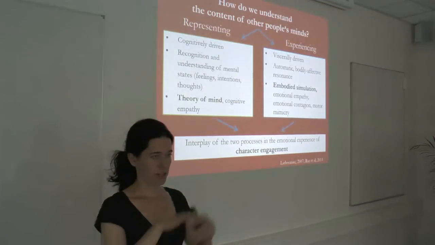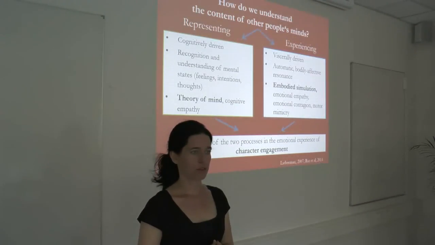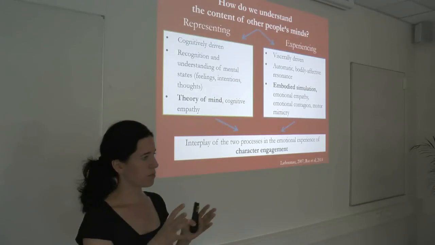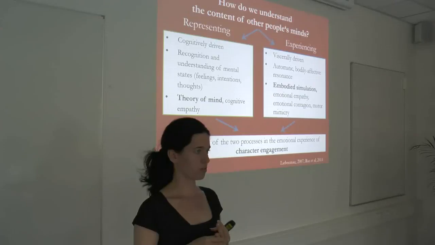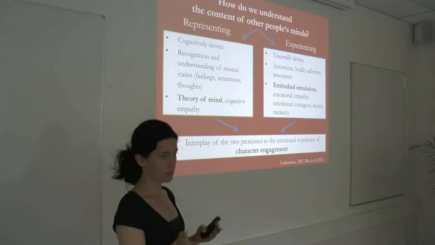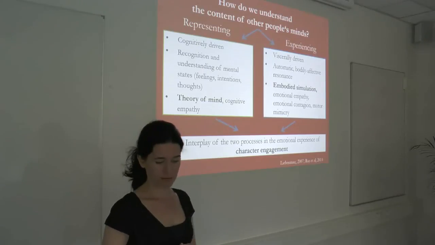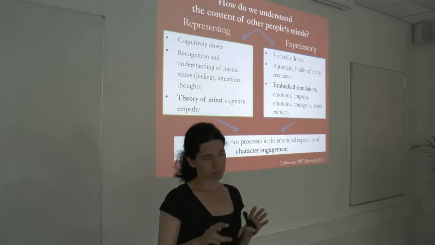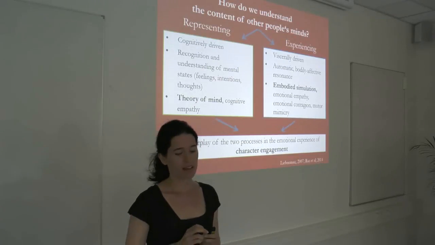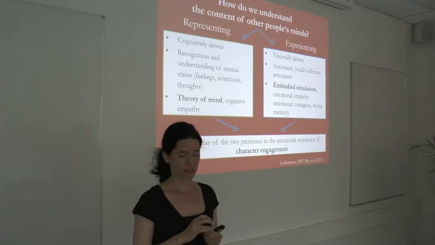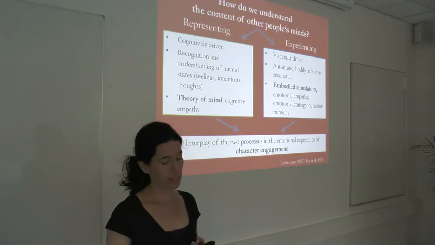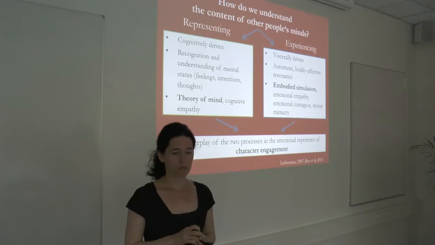Let me continue with the big frame of social cognition. Social cognition is an umbrella term for all the social cognition processes contributing to the understanding of other people's, real or fictional, others. And we can distinguish two main ways in theory how we understand others. One is representing the other people's mind, which is a cognitively driven process.